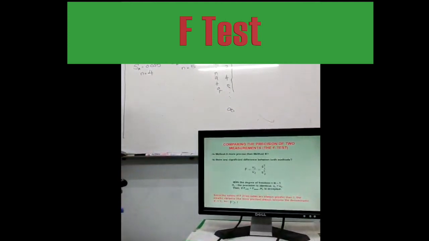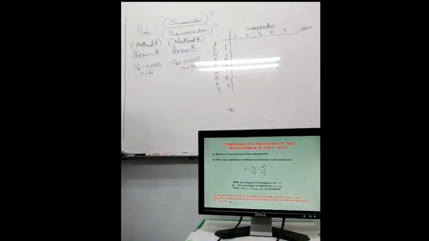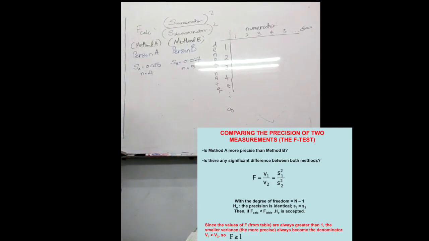Okay, now we are going to discuss using the null hypothesis to compare the precision of two measurements, or two persons, from the data given from the two persons or two measurements or two methods. So we call it an F-test.